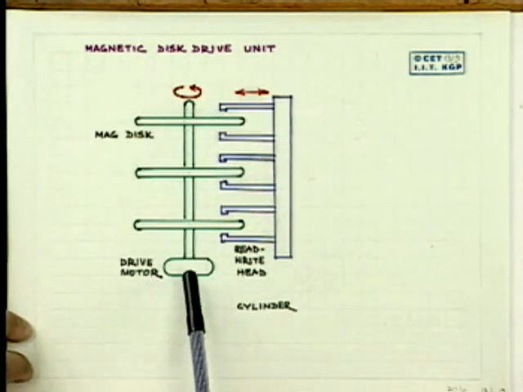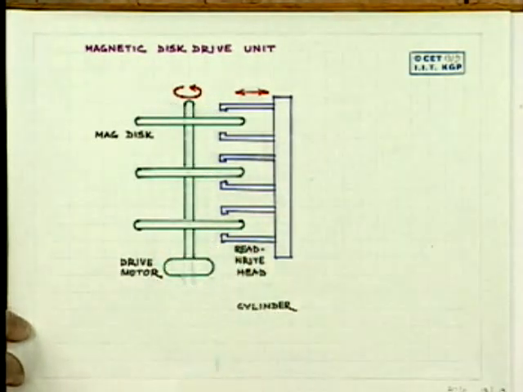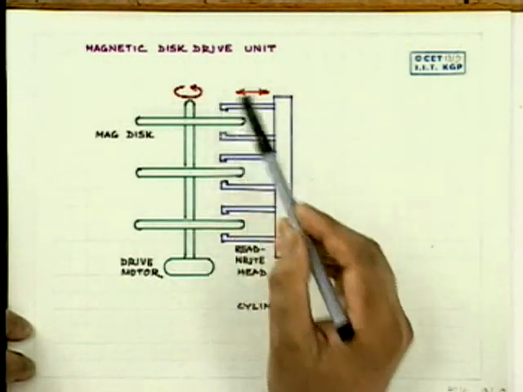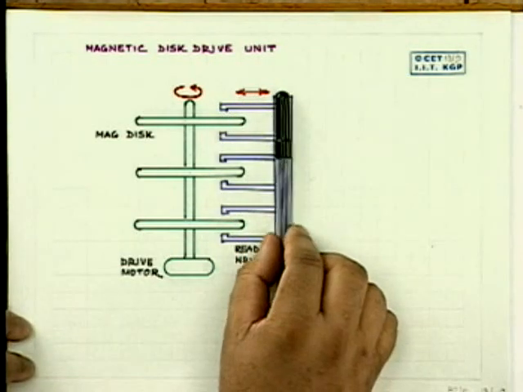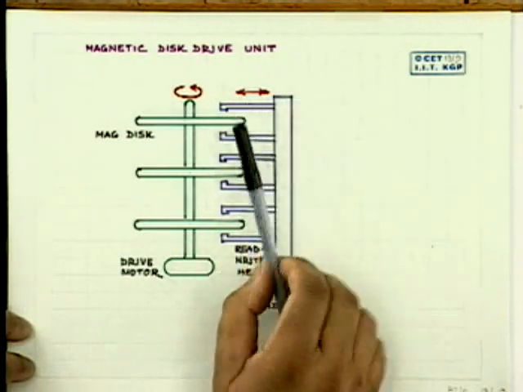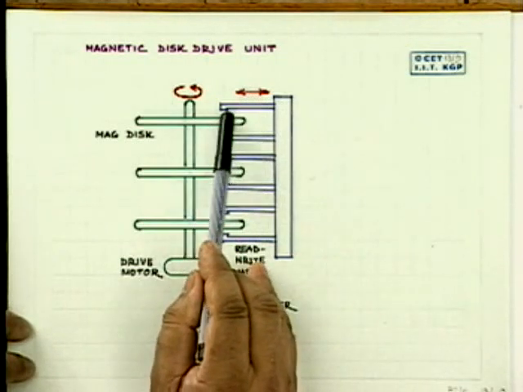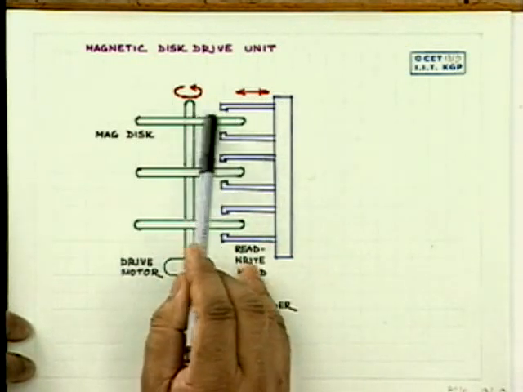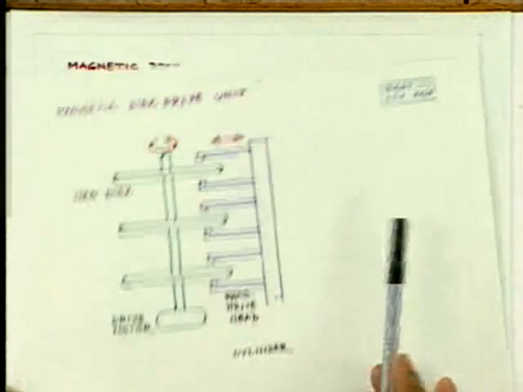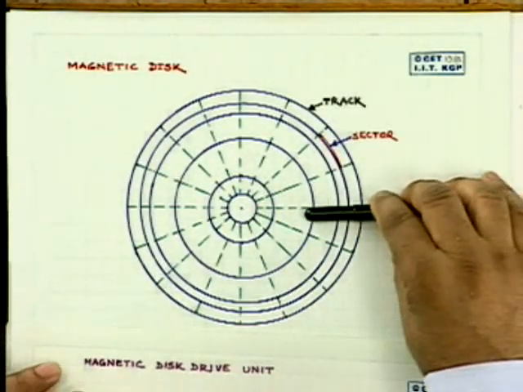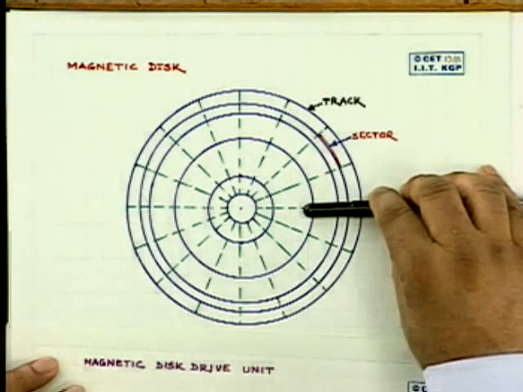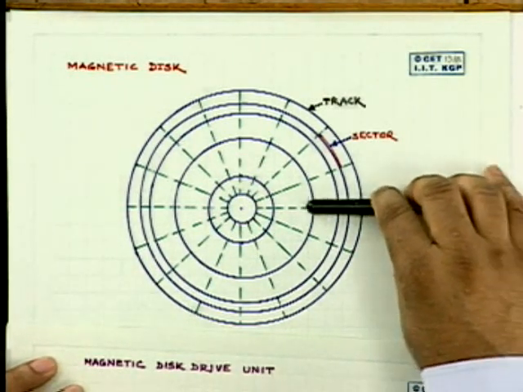The rotation speed can be 3,600 to 7,200 RPM. Here are the read-write heads which can move forward and backward. The read-write head just moves over the surface of a platter, and as it moves forward or backward, it moves from track to track.